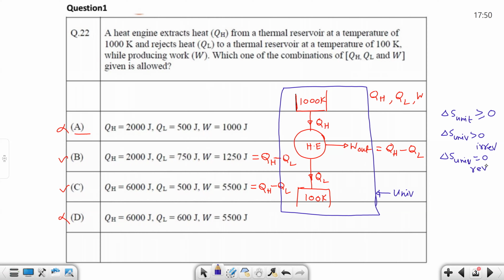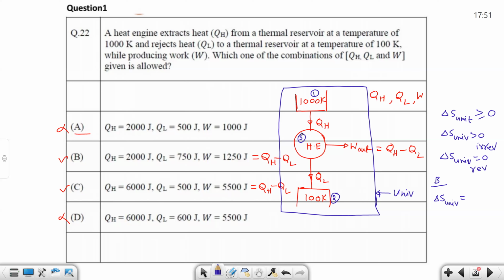Now let us check from the entropy change point of view for answers B and C. For B, the entropy change of the universe: first is reservoir 1, and there is a reservoir 2, then there is a cycle that we will be taking as 3.